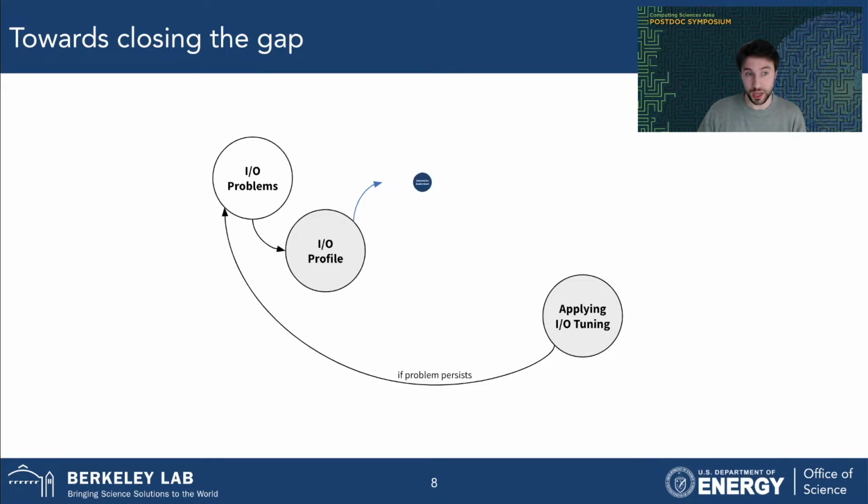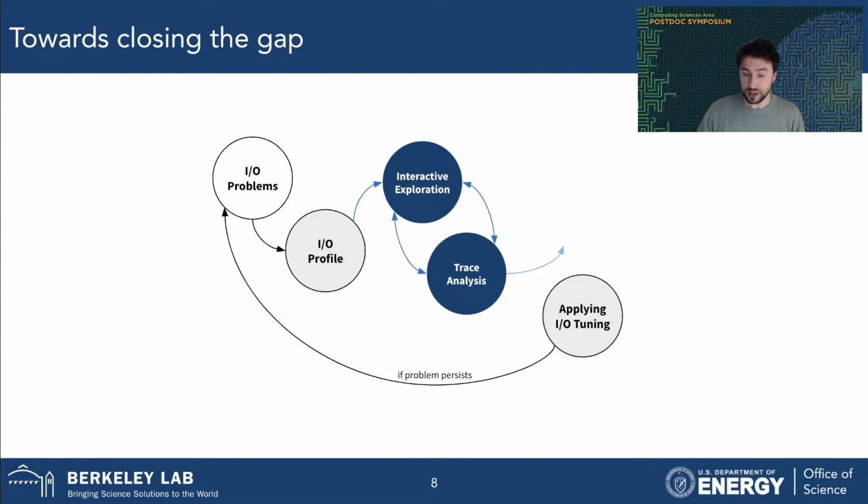So what we try to do here towards closing this gap is use interactive exploration of different trace analyses to map the problems and the bottlenecks that we see on those visualizations into different optimization techniques, into different solutions that can help us optimize performance.